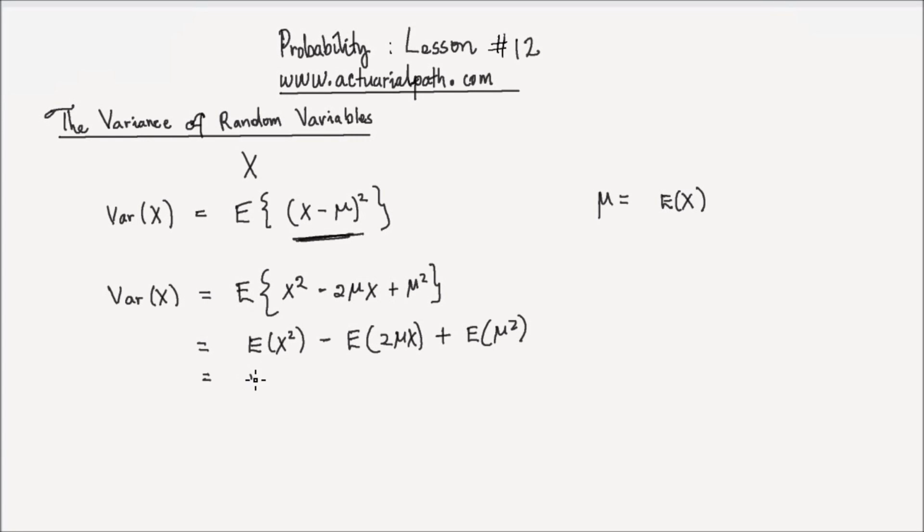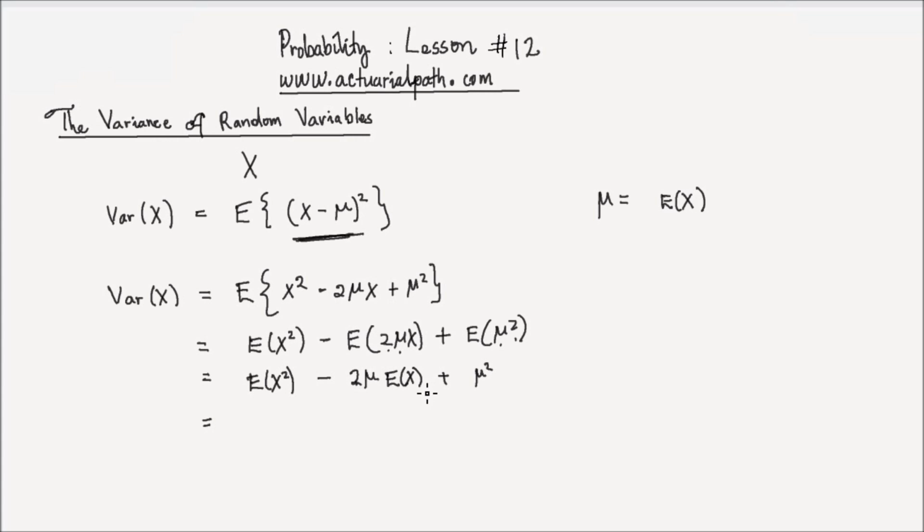Now, 2 and mu are constants because I'm taking the expectation with respect to X. So this is 2 mu, which can be taken outside of the expectation, times the expectation of X, plus mu squared is again a constant. The expectation of a constant is the constant value itself. So I have mu squared.